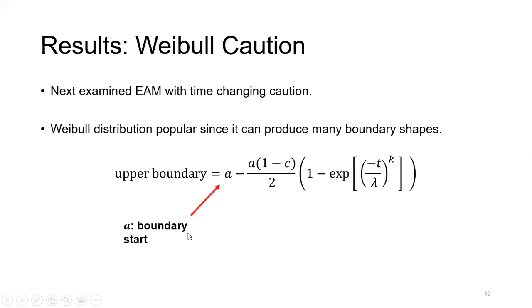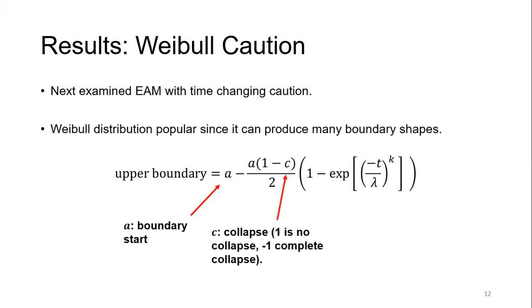The first parameter within this is the boundary start, represented by A. The next parameter is the collapse parameter, where 1 corresponds to no collapse in your system, which means that you just have a flat boundary, and -1 corresponds to complete collapse, where your boundary will eventually get down to 0.